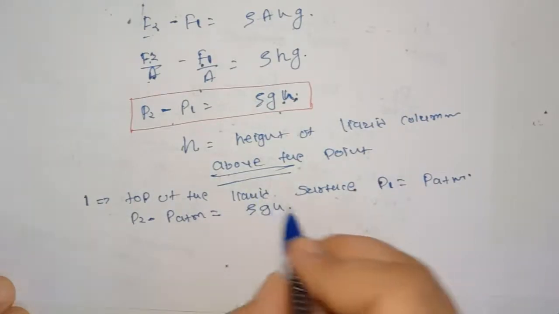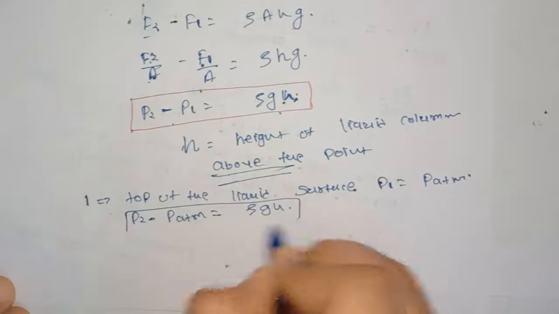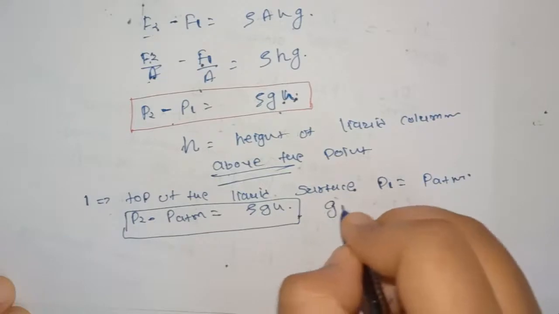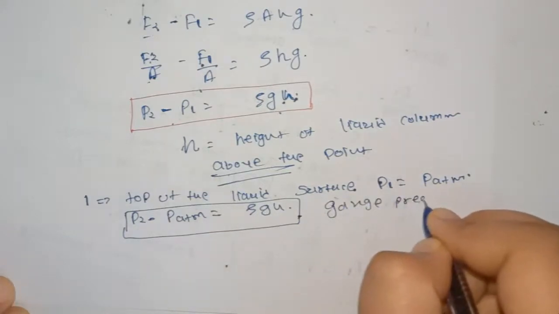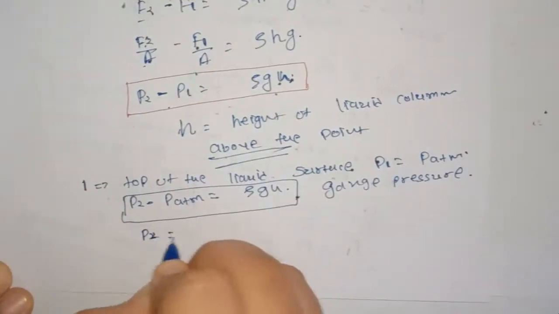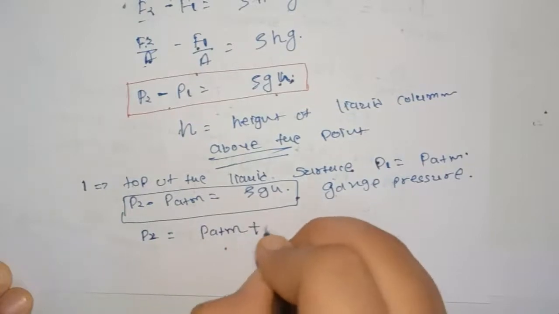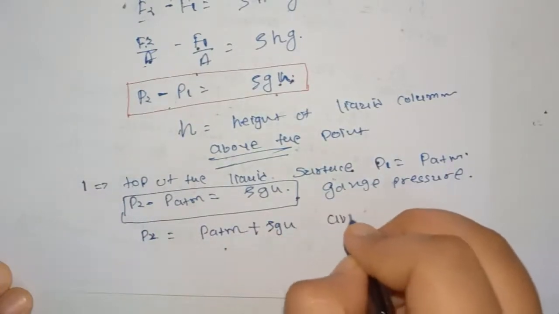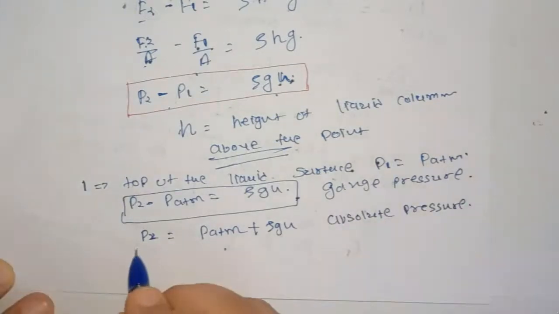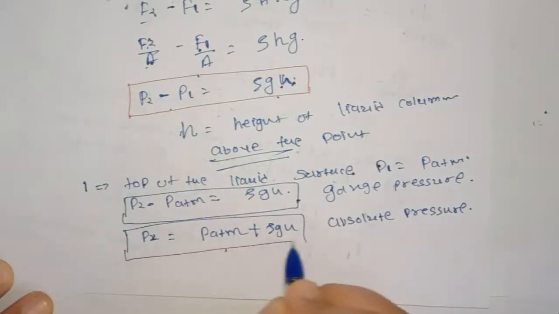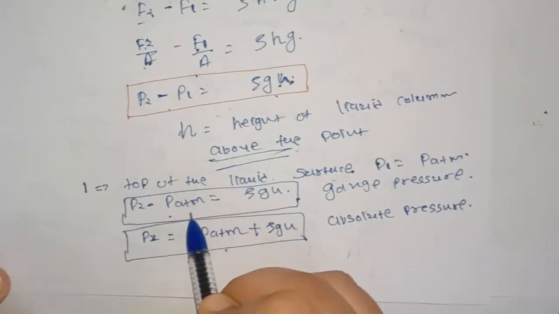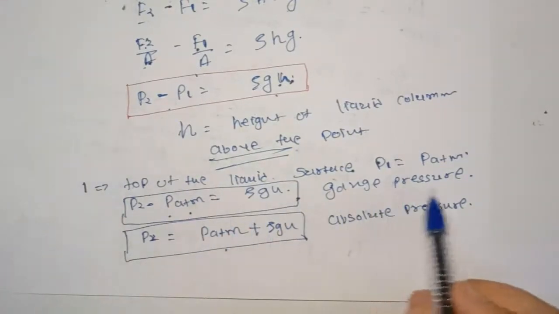This is the gauge pressure at depth h. And if we want the absolute pressure P2, that will be equal to P atmospheric plus rho gh. This will be the absolute pressure. So at any point, if we consider the pressure of the atmosphere, then it will be absolute. If we do not consider the pressure of the atmosphere, that means if we subtract it, then it will be the gauge pressure.